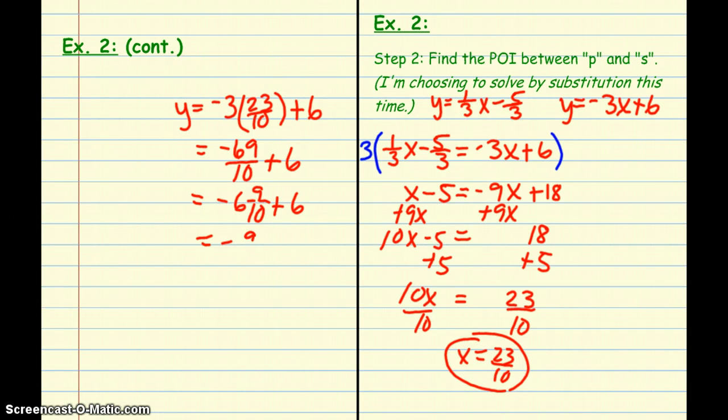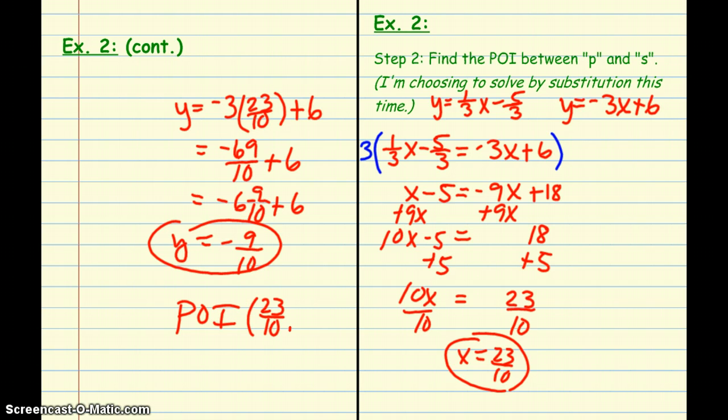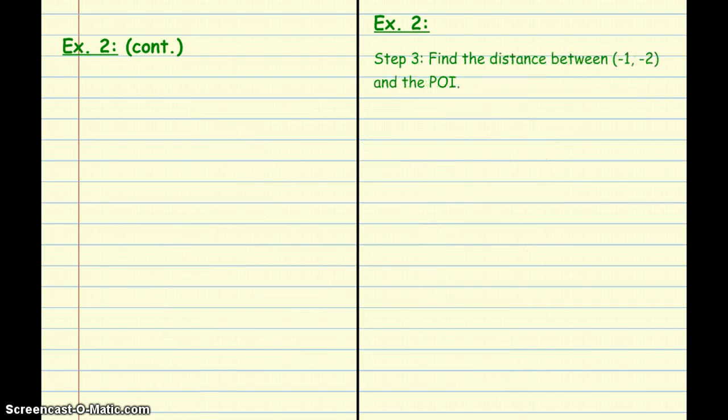Which gives us -9/10. So in this case, our point of intersection is 23/10 and -9/10. And just like we did with the first example, we're going to use this point of intersection and our coordinate pair, this -1, -2 that we used from that first line.